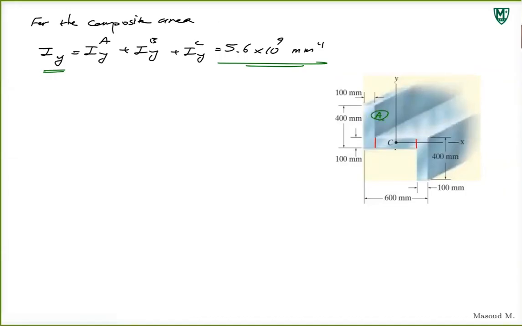If you're comfortable doing it, A, B, and C. Now you have three rectangles. A is 400 by 100, B is 400 by 100, and C is also 400 by 100. You have now 3 rectangles. Do this as practice.